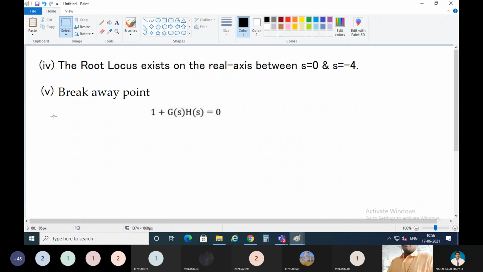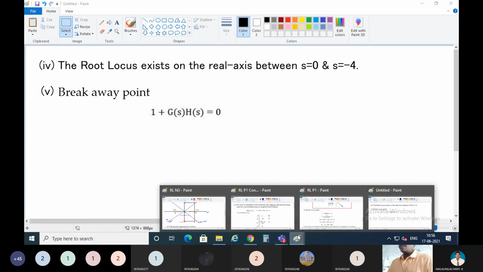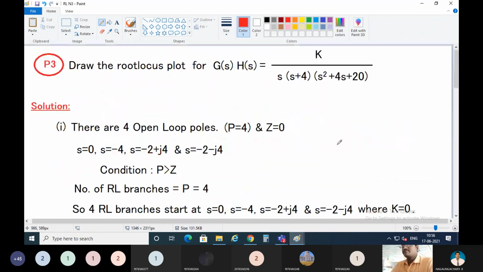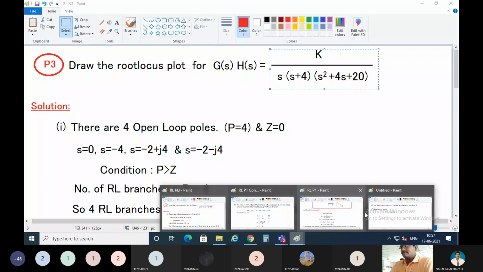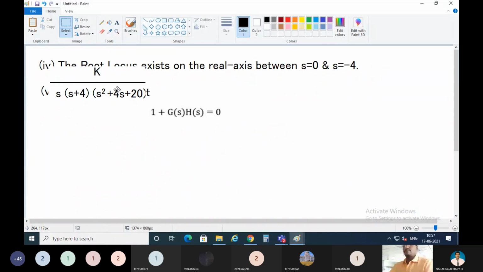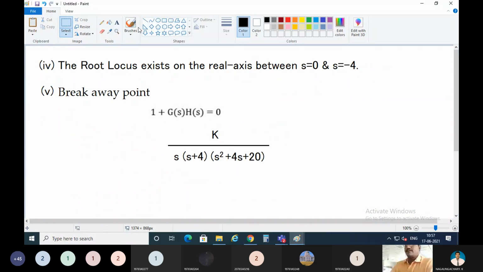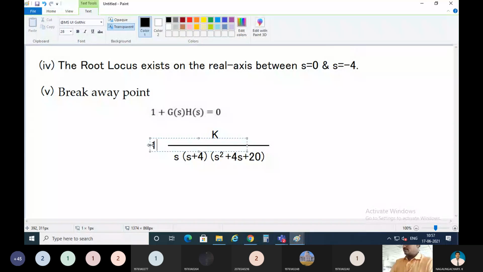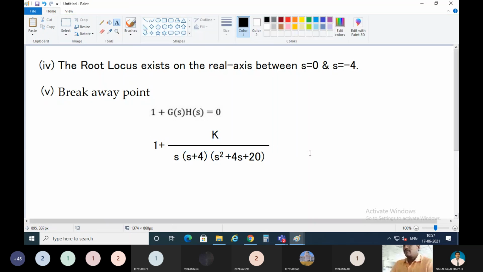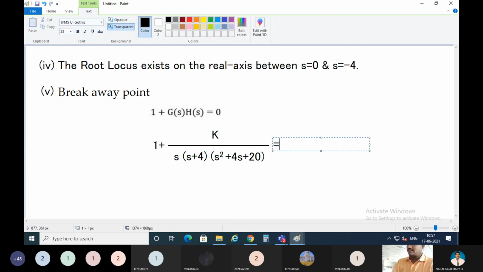What is the k value? Substitute the given g of s into h of s. So let us write 1 plus g of s into h of s equal to 0.